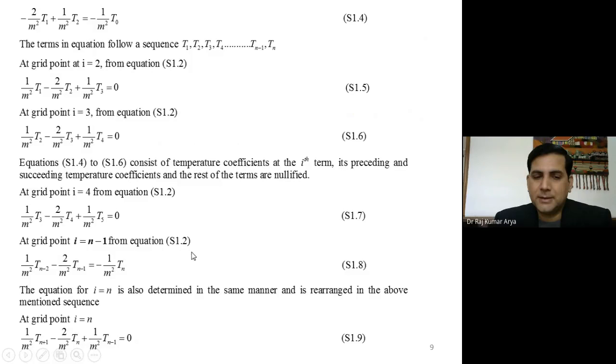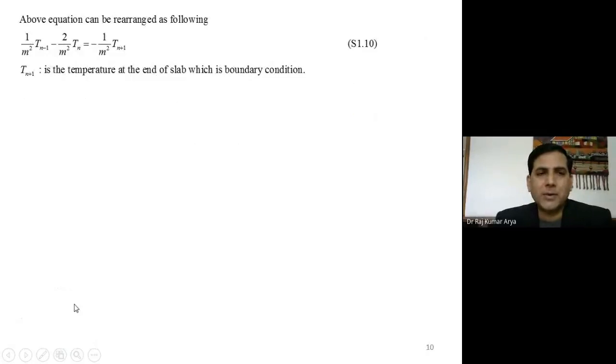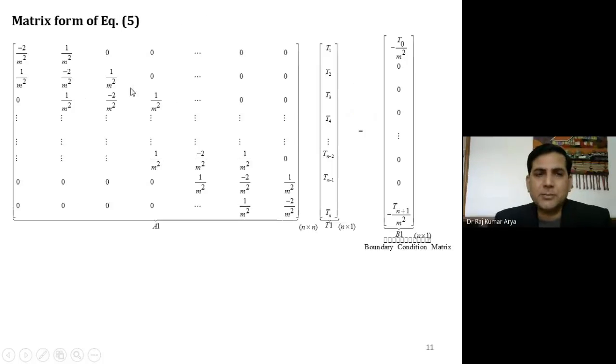Correct. So if you write in terms of the matrix form here, this would become your matrix. This is your equation number 1, equation number 2, equation number 3 and 4, and keep on doing this. I just wrote how n by n actually.